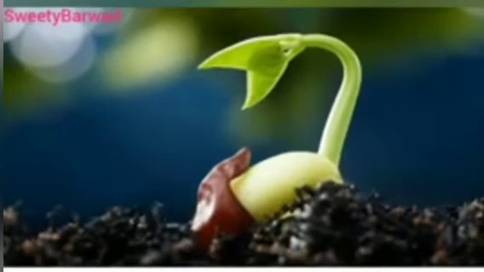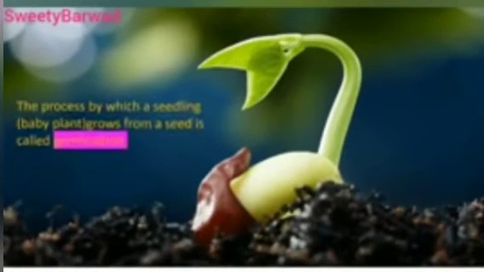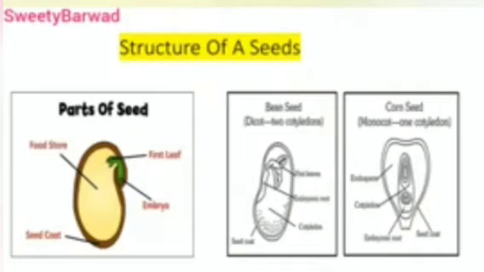The conditions necessary for germination are air, water, and sunlight. When we observe a bean or a gram seed, it is hard and cannot be broken easily. The hard outer covering is called a seed coat. The seed coat protects the seed.